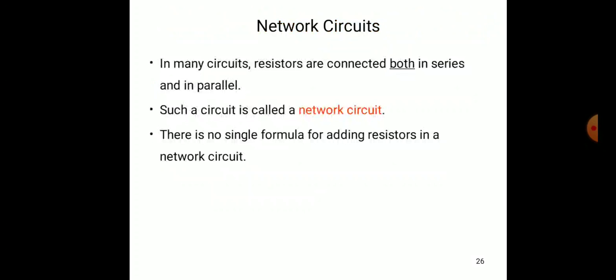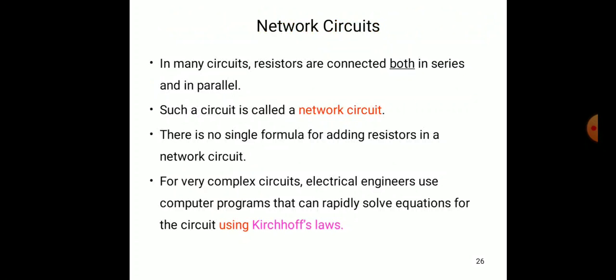What about network circuits? In many circuits, resistors are connected both in series and in parallel. Generally, a DC circuit involves only resistors. An AC circuit may have capacitors and inductors.